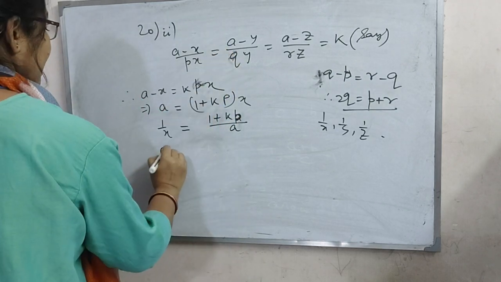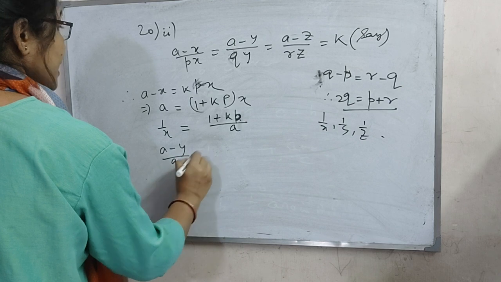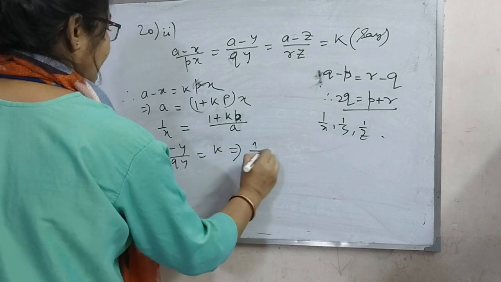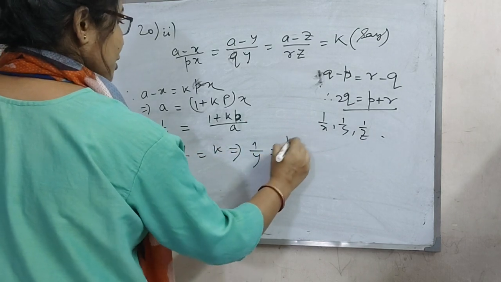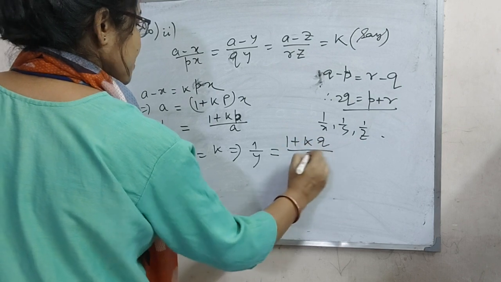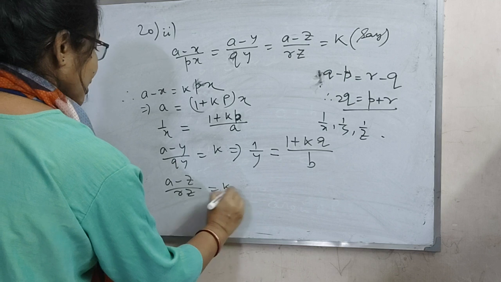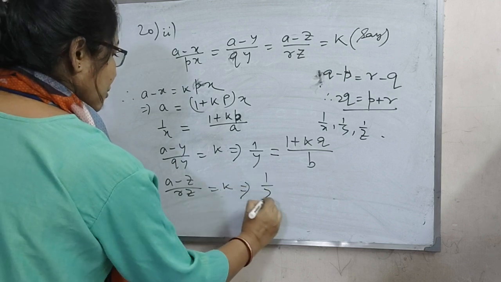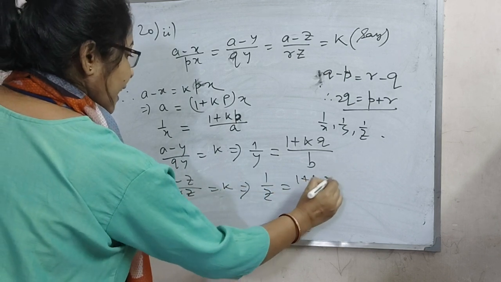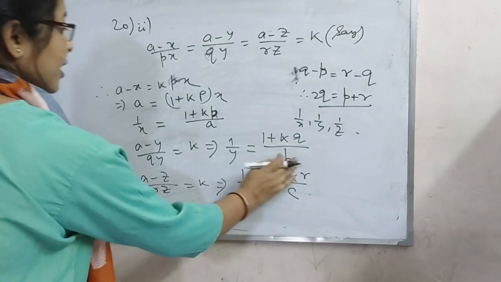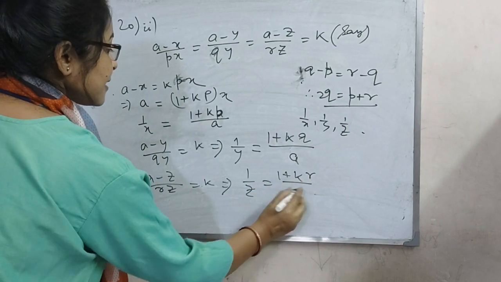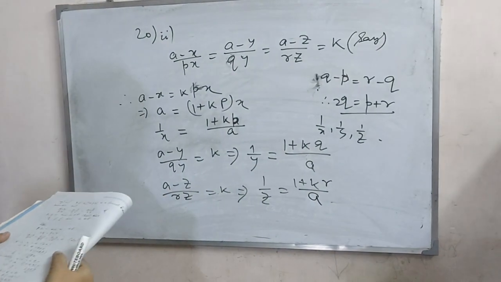Similarly, from (a minus y) by qy equals k, we have 1 by y equals (1 plus kq) by a, and (a minus z) by rz equals k. From here we can write 1 by z equals (1 plus kr) by a.